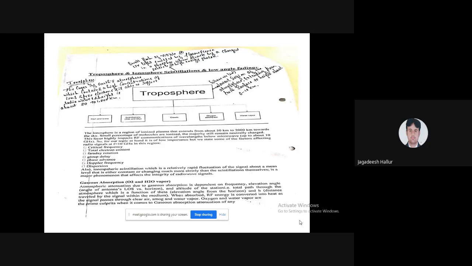It is going to have higher energies. When this ion energy is converted to another form of energy, the fluctuation of the signal is going to be affected.